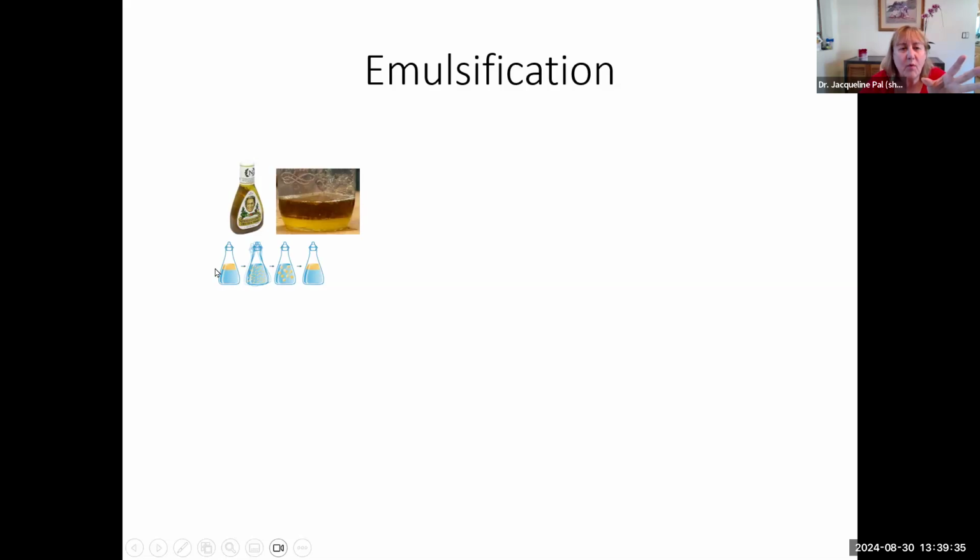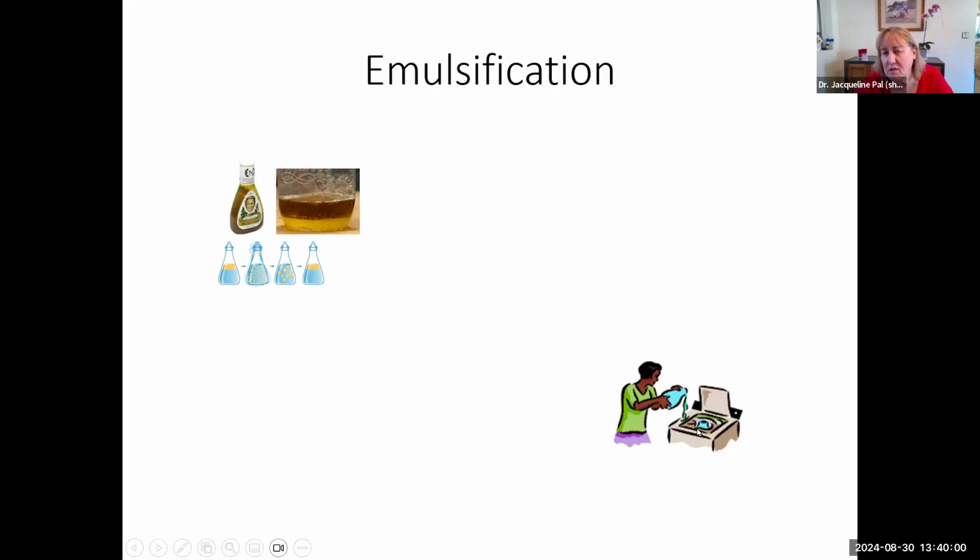When you shook it up, you were taking that big blob of oil and making tinier and tinier little bubbles out of it. So you were doing a mechanical digestion, not a chemical digestion, of those bubbles, making them smaller and smaller. That process is called emulsification.